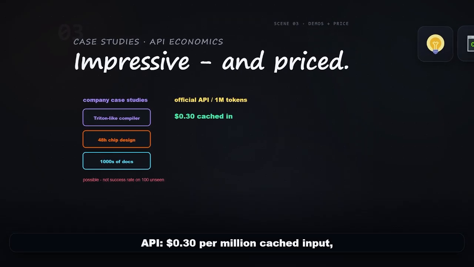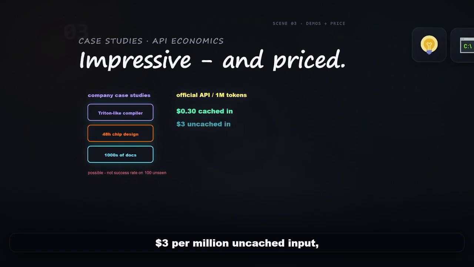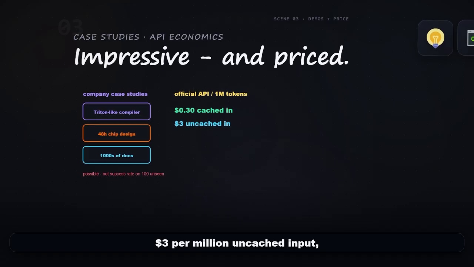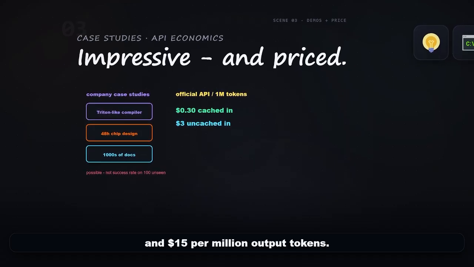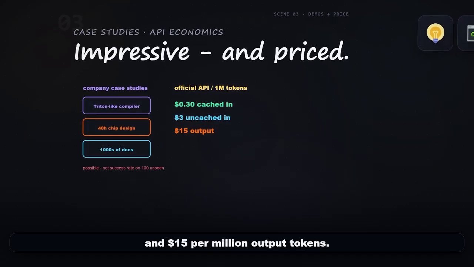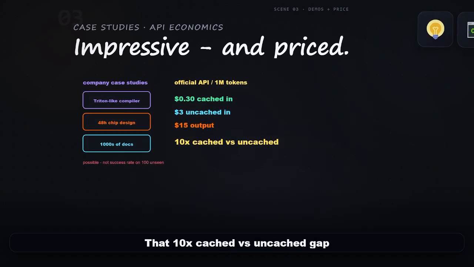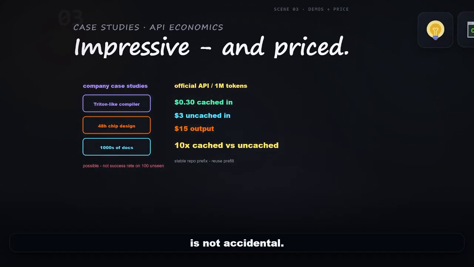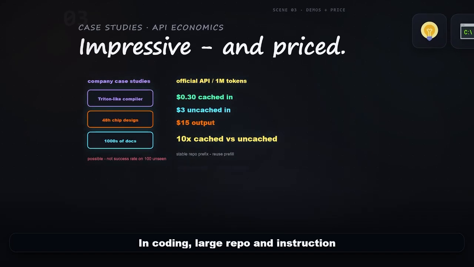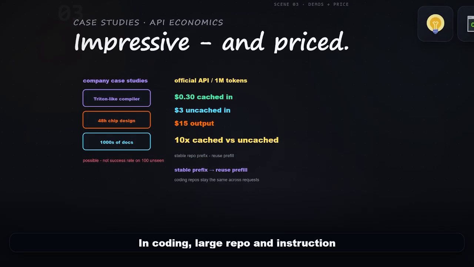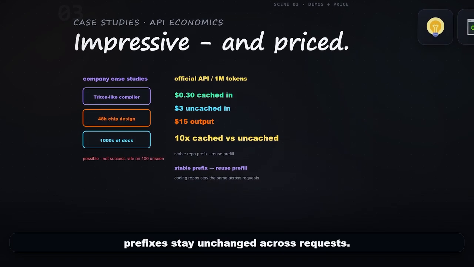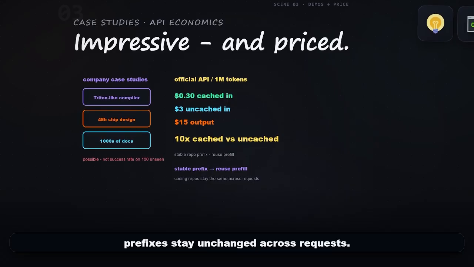The official API price is 30 cents per million cached input tokens, $3 per million uncached input tokens, and $15 per million output tokens. That 10 times difference between cached and uncached input is not accidental. In coding workloads, large parts of the repository and instruction prefix stay unchanged across many requests.